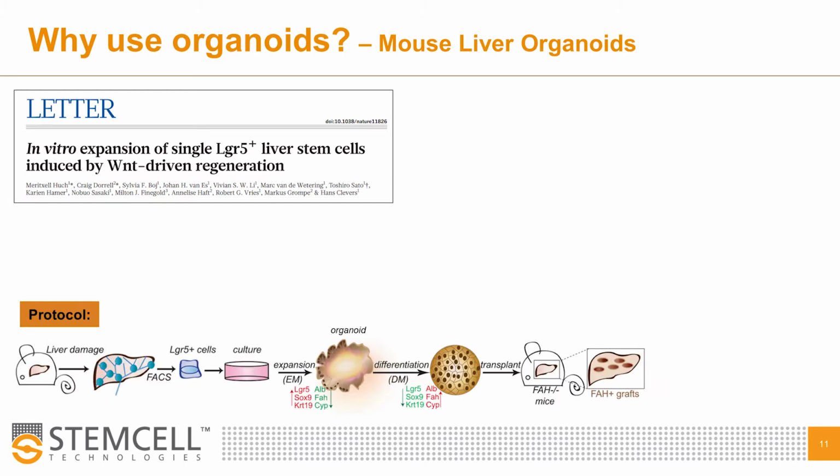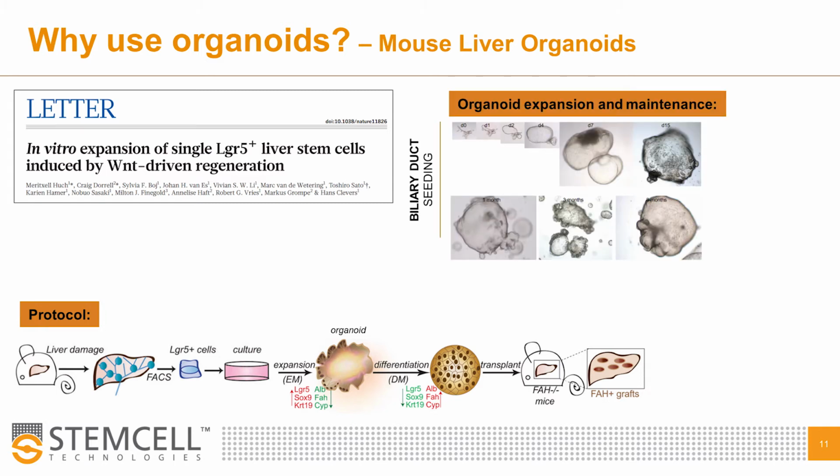Going back to the actual protocol used, liver damage was induced in mice to upregulate the injury-responsive stem cell population marked by LGR5. Single-cell-derived organoids emerged with the expression of stem and progenitor markers LGR5, SOX9, and cytokeratin 19, and mature markers such as albumin, FAH, and CYP were not expressed at this stage yet.